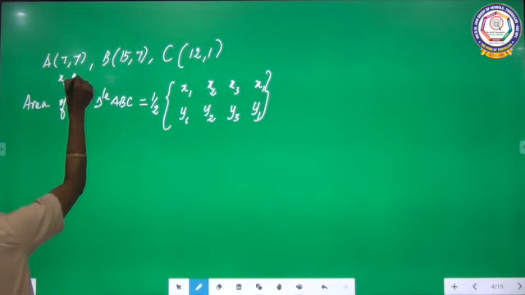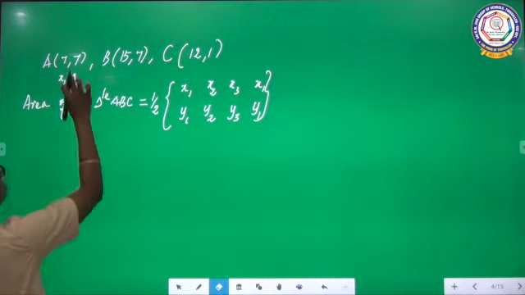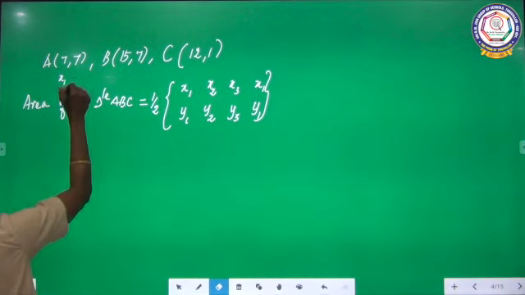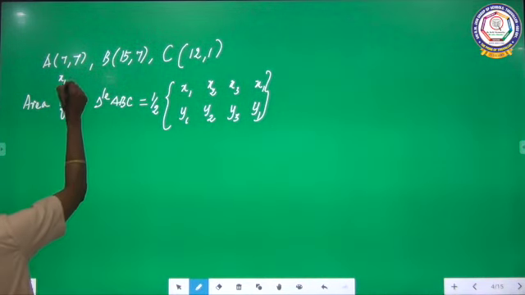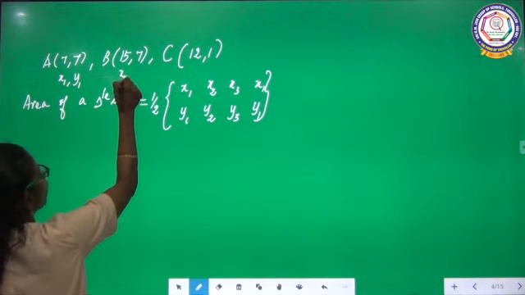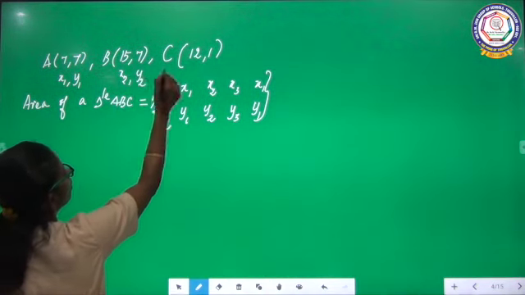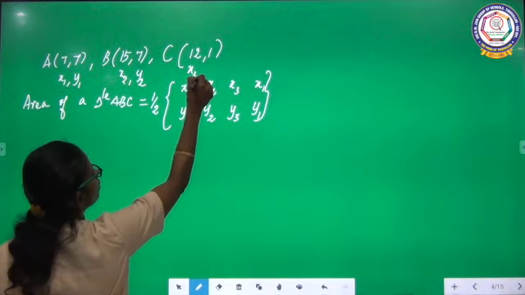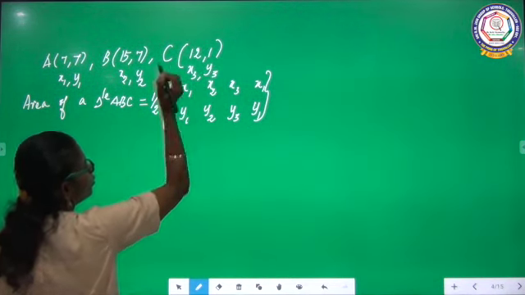Now we have to label it x1, y1, this is x2, y2, x3, y3, right?